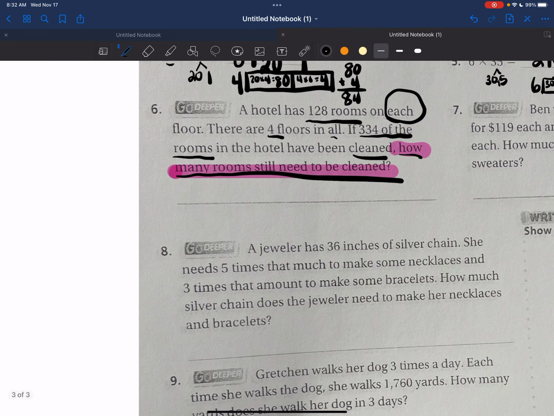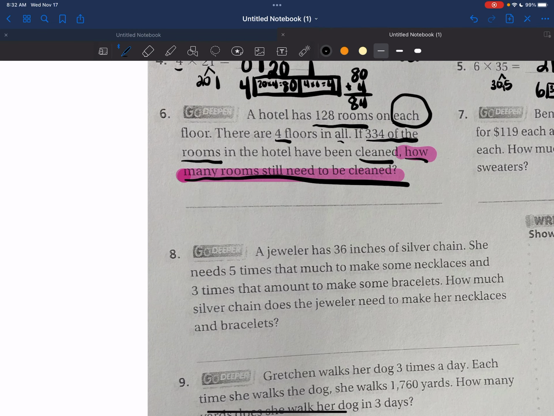First of all, we need to figure out how many rooms there are in the hotel. Well, we know that there's 128 rooms on each, our keyword, floor, and we know there are 4 floors. We need to multiply 128 times 4. We can use our box method to help us solve. So draw out your box.